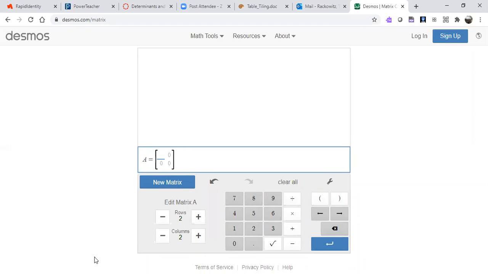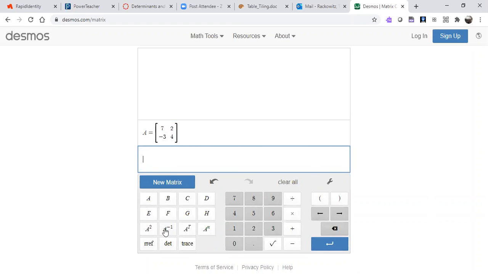If I make a new matrix, a 2 by 2, and that matrix was 7, 2, -3, 4, then this to the -1 power is the inverse. So you would say, what is A to the -1?